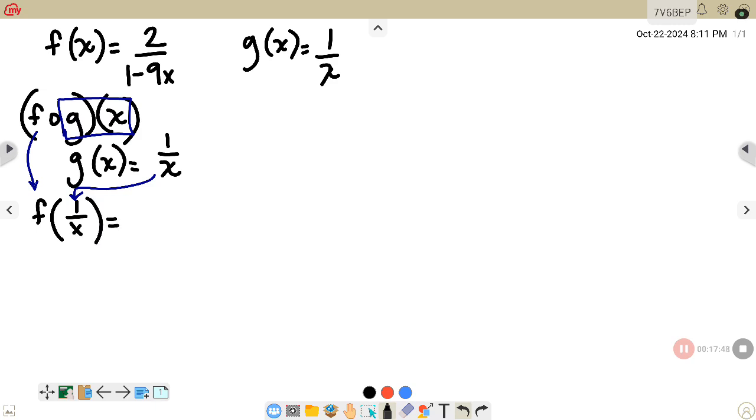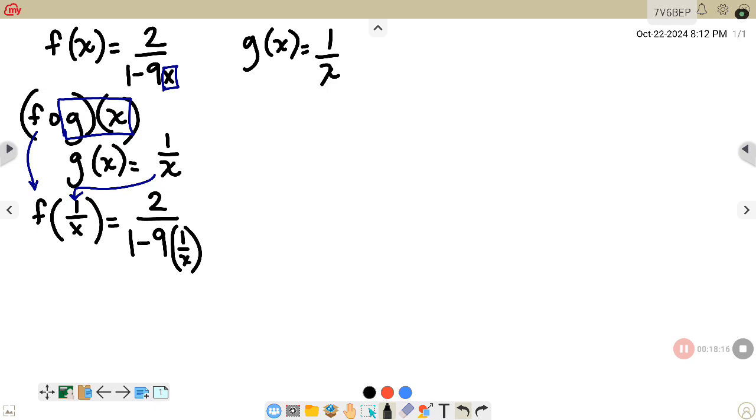So what this means is we are going to the f function, and we are going to replace its x with a 1 over x. So I will have 2 over 1 minus 9. Instead of x, I'm going to have 1 over x.